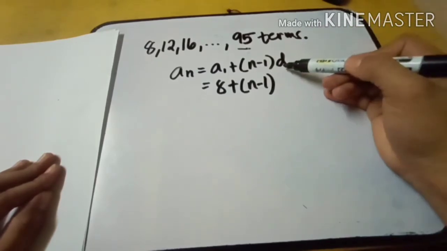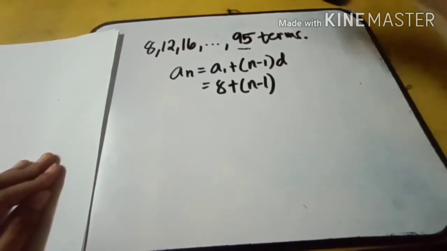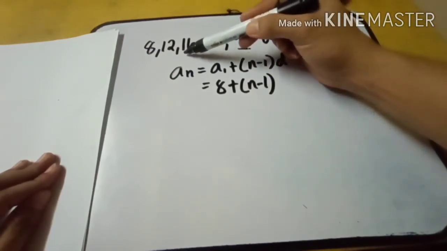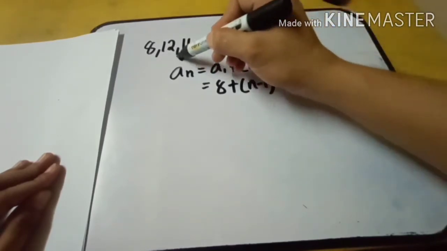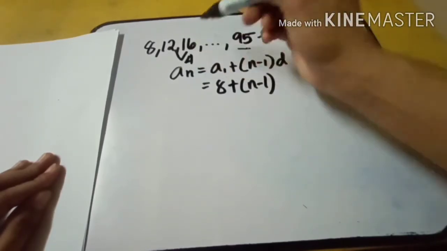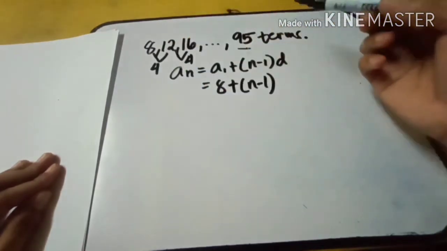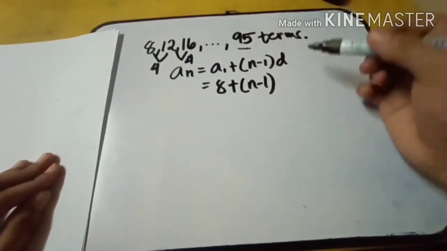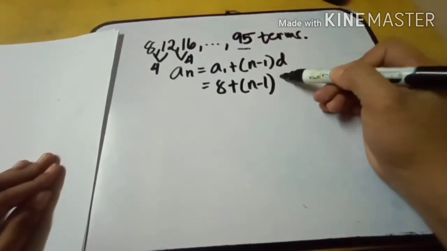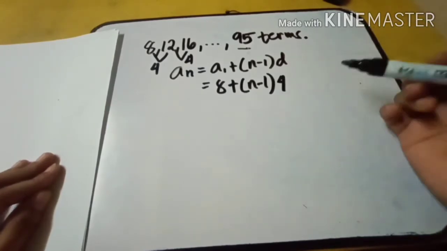Now, for the common difference, we subtract the first value from the next. So we simply subtract 16 minus 12, which will give us 4. Am I right? Then 12 minus 8 will also give us 4. So this means the common difference of this given sequence is 4. So we substitute here 4 as our common difference.